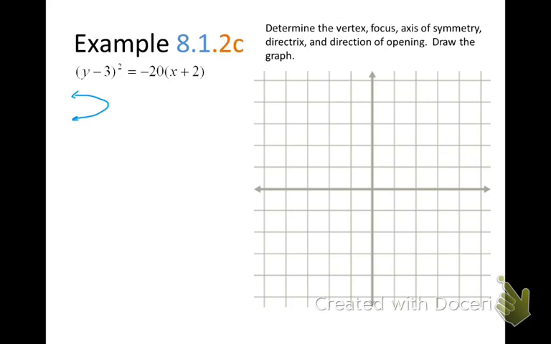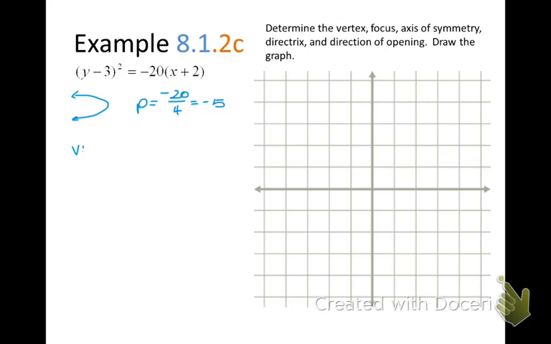Which value do I need to find before I start doing anything? How do I find p? Divide what by 4? What is the coefficient? Okay. Divide negative 20 by 4 gives you negative 5. The negative on this basically just tells you you're opening in the negative direction. That's it. It means the same thing as opening left.